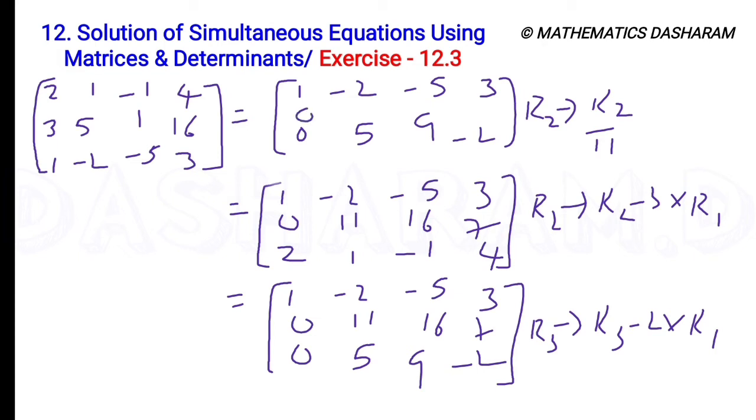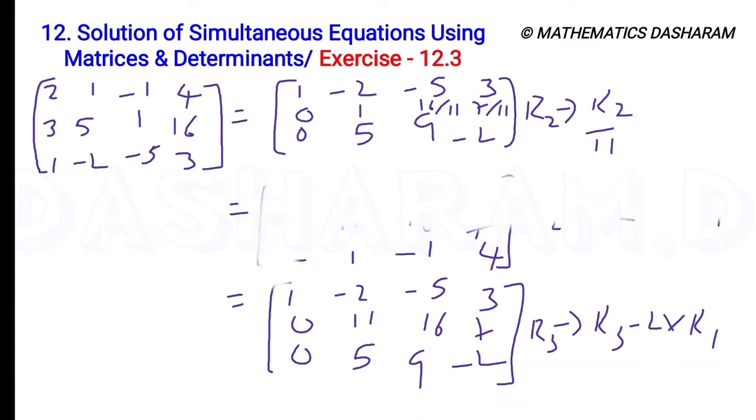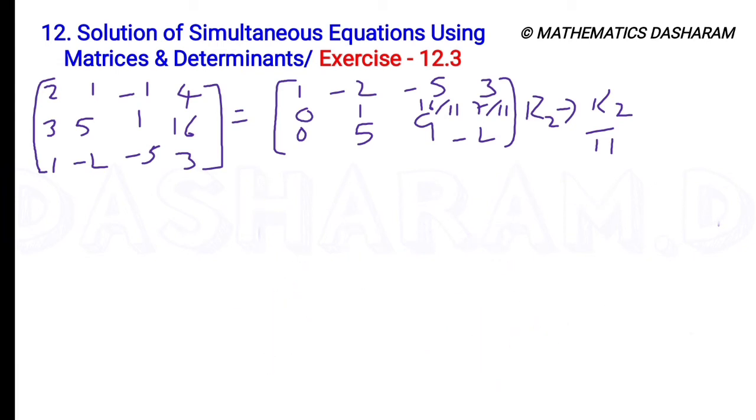So 0 by 11 is 0, 11 by 11 is 1, then 16 by 11 and 7 by 11. Now we need a 0 at this place. So 0, 1, 16 by 11, 7 by 11; 0, 5, 9, minus 2.